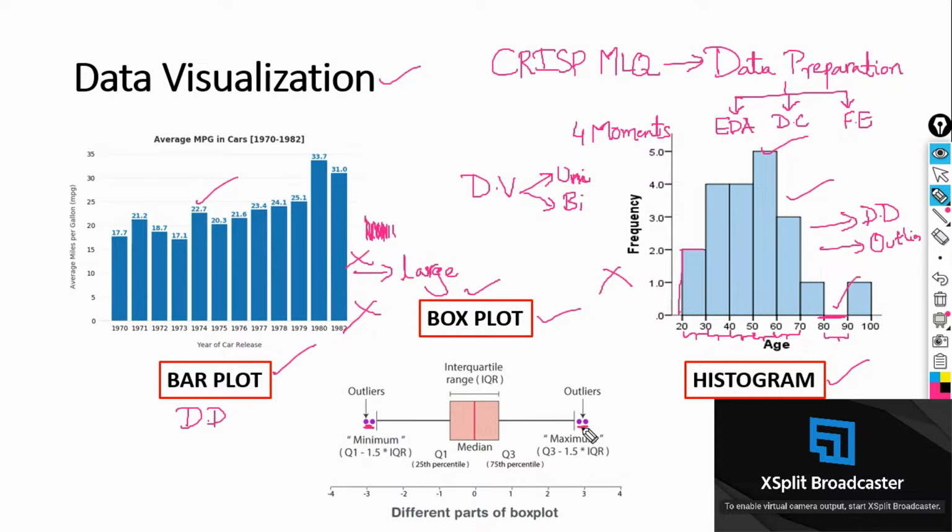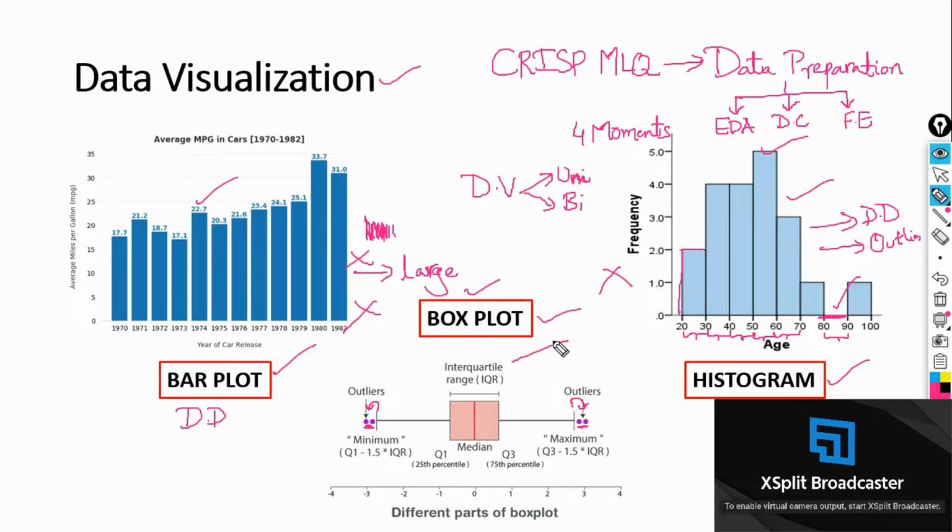That means if a value is greater than the upper limit or less than the lower limit, then we can call it an outlier. You can draw this interpretation from a box plot only.